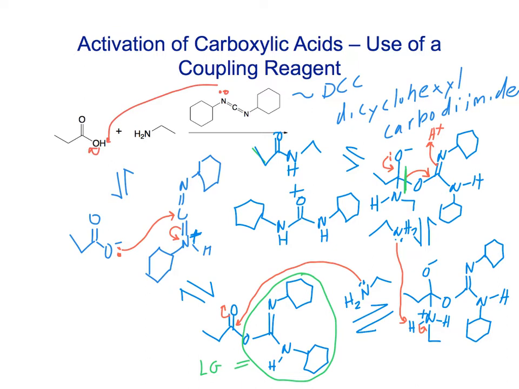Okay, so usually what we do is we lose the OH and an H, so we've lost a water molecule in the process, right? So to balance this whole thing, we should get our amide plus a water molecule. So where did the water molecule go?